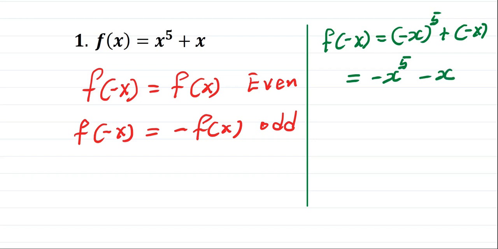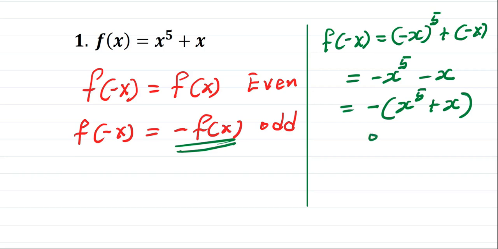So at this point we can simply factor the negative sign out, so this will become negative parenthesis x to the 5th power plus x. So this function ended up as a negative of the original, so automatically this is an odd function, and I hope it makes some sense.